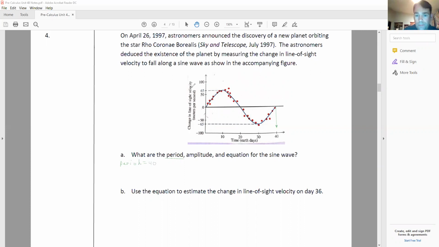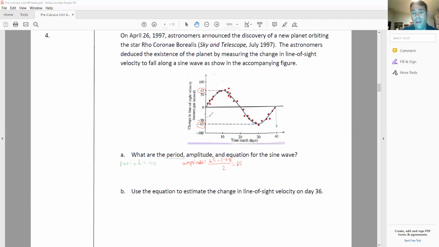Amplitude, you can see the biggest value here. You can see the smallest value here. So amplitude, that would be the largest value, so 65, minus the smallest value, negative 65, divided by 2. And since they're both 65, friends, that's just going to be 65.